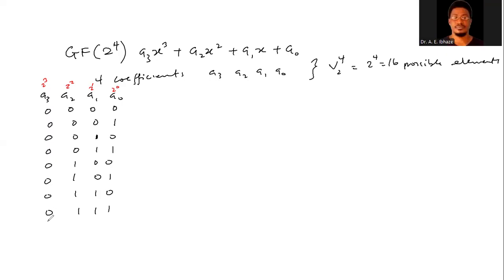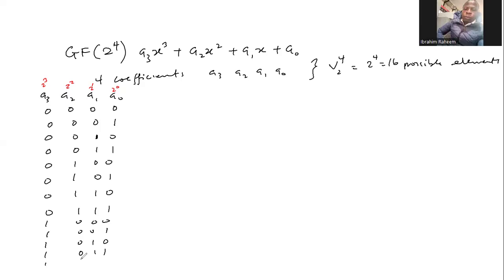So then the next is 8, 1000. 9 is 1001, and that's 1010 for 10, then 1011, 1100, 1101, 1110, and 1111.